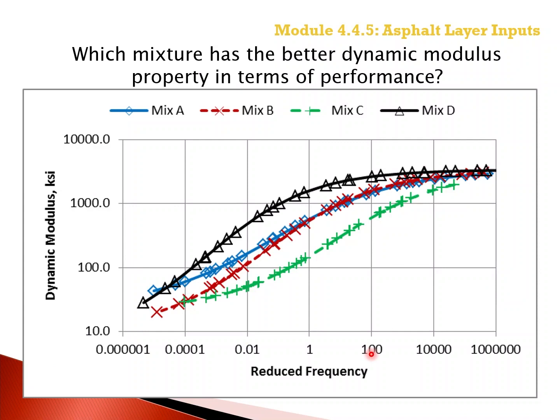So given that, now that we have discussed dynamic modulus of the asphalt layer, let's ask a general question about the impact of dynamic modulus on performance. This chart shows the dynamic modulus master curves for 5 dense graded asphalt mixtures. Which of these dense graded asphalt mixtures would have the lower predicted or calculated distress for rut depth, transverse cracks, and or bottom-up fatigue cracks.